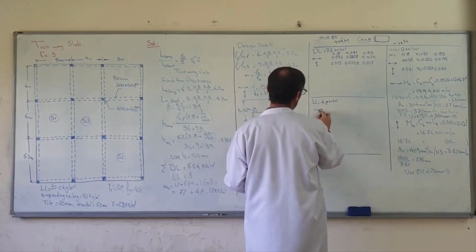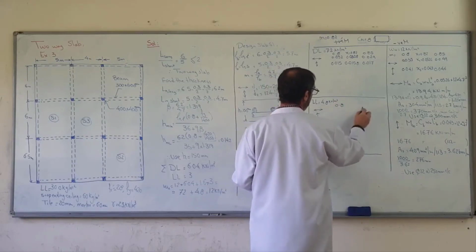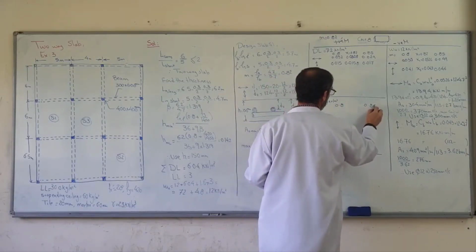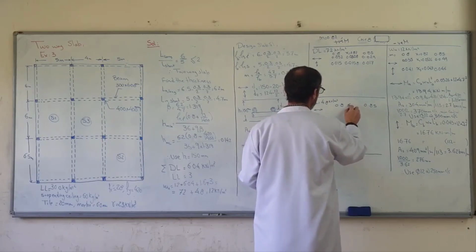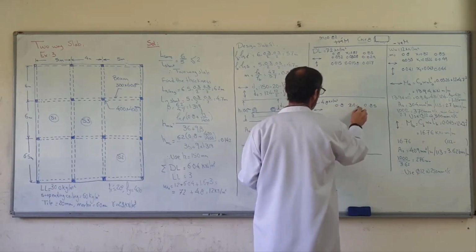We found all coefficients for the dead load method, 0.8 and 0.85. Now for x, 0.82.